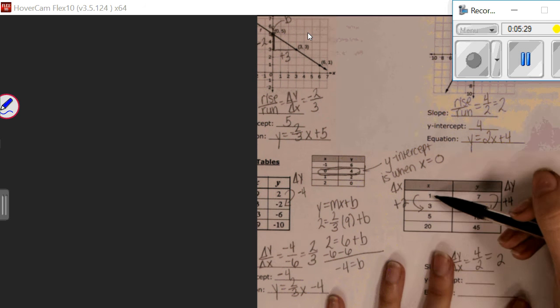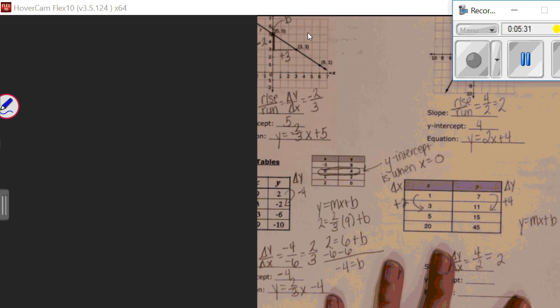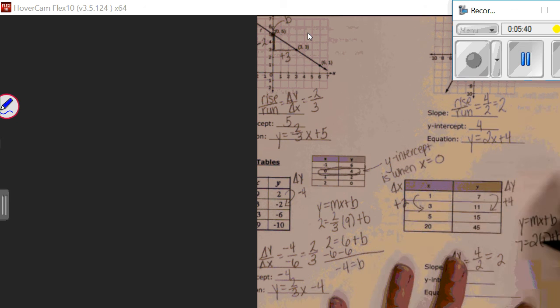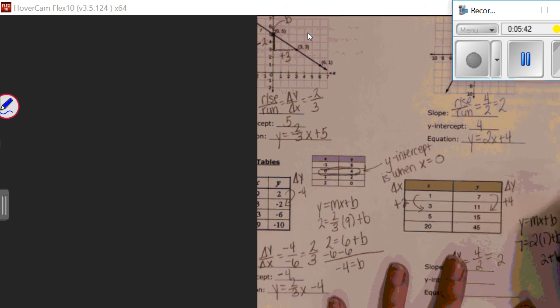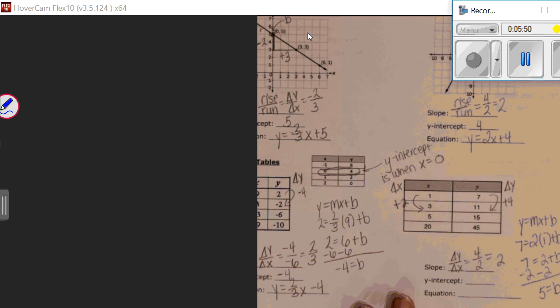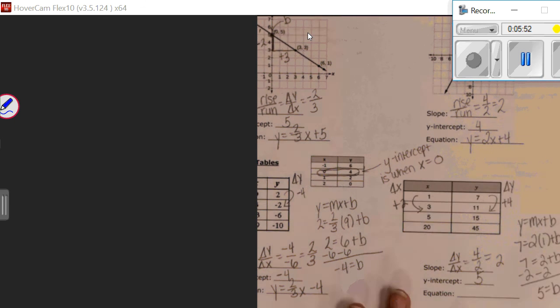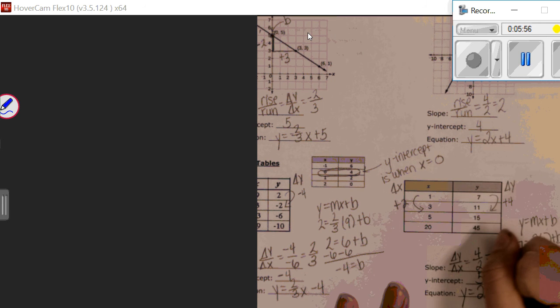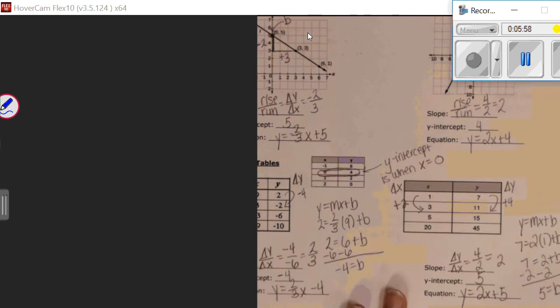This time I'm going to use 1 and 7. So my y is 7, my m is 2, my x is 1, and I don't know my b. So 2 times 1 is 2. Now I'm going to subtract 2 on both sides to find my b value, which is going to be 5. So my y-intercept is 5, and my equation is y equals 2x plus 5.